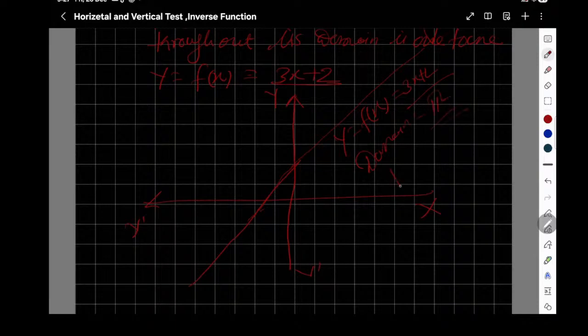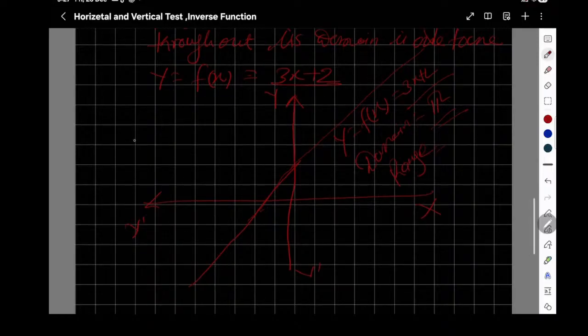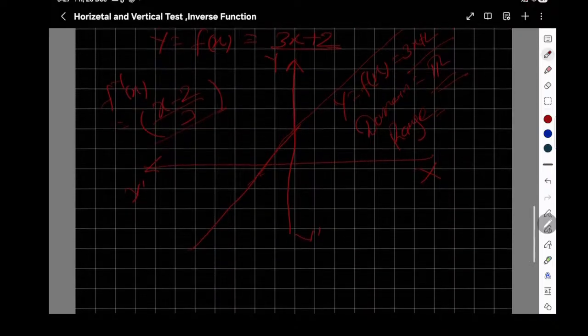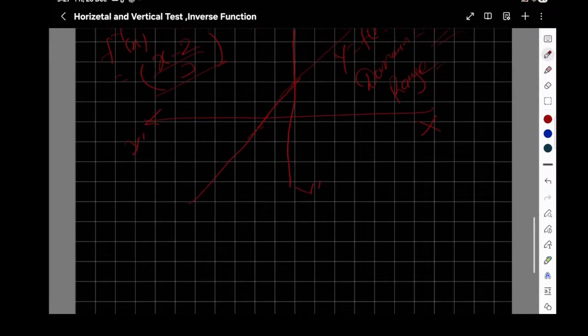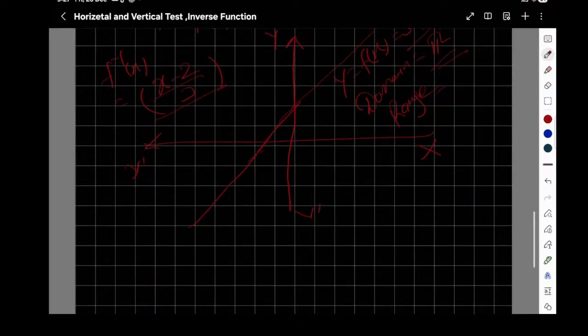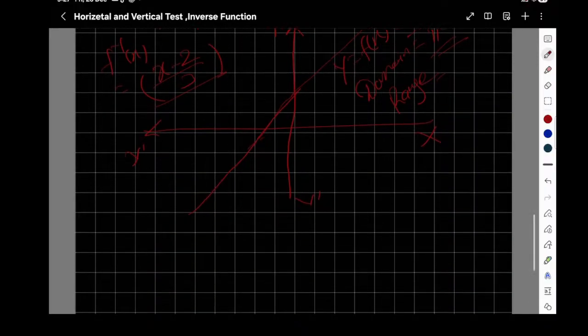For the range, f inverse of x looks like (x - 2) over 3. So this function is strictly increasing throughout its domain.